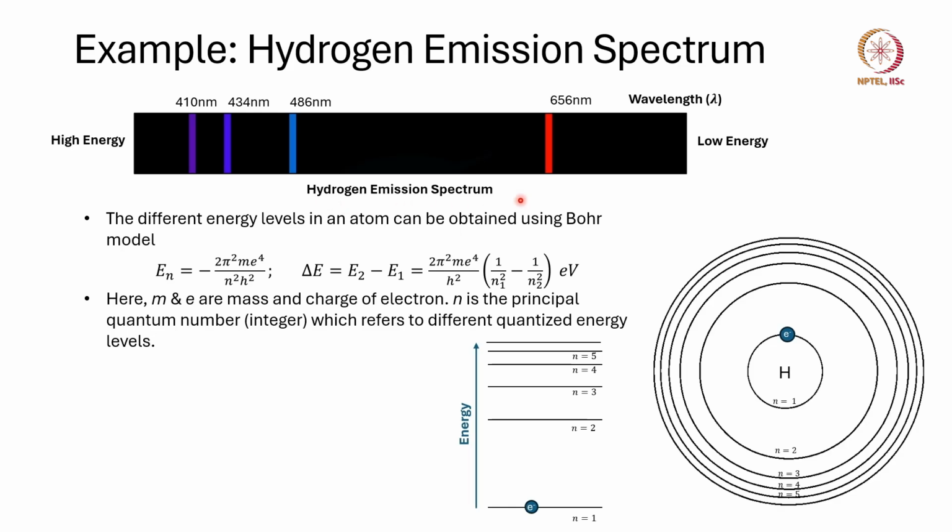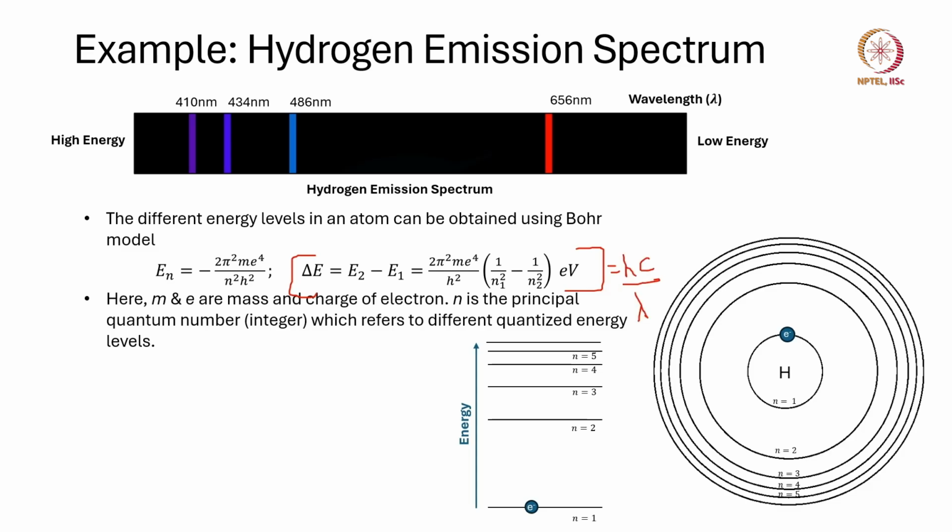Here, the hydrogen emission spectrum shows four wavelengths corresponding to the hydrogen emission in the visible range. From these four wavelength values, we'll try to estimate what the different energy levels corresponding to these four line spectra are. Using this equation, the energy difference between the two energy levels involved in an electronic transition is equal to the energy of the emitted light, which is equal to hc by lambda.